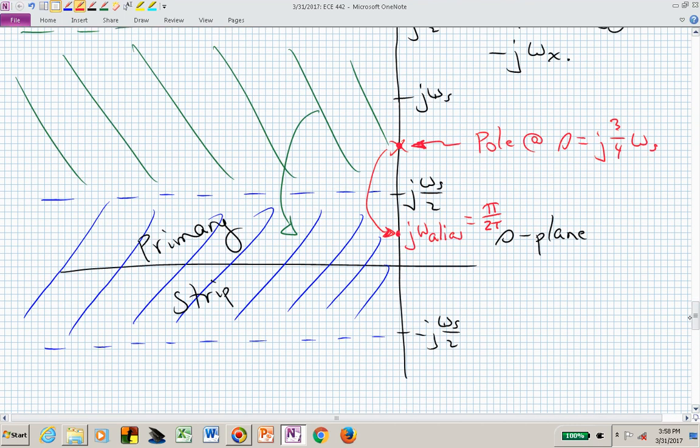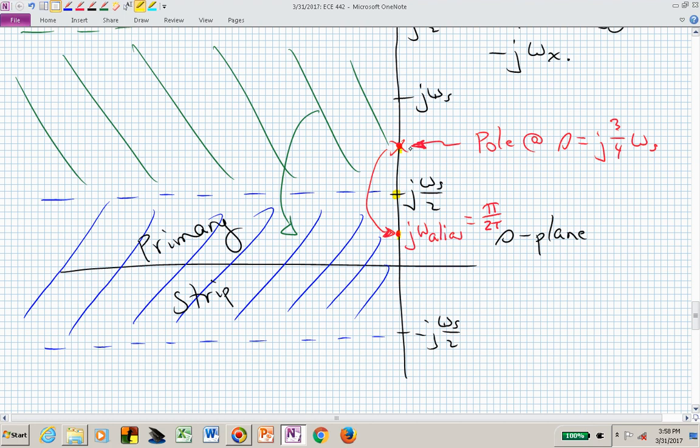And you can see that it's equally spaced between this point and that location and this point and that location, which is another reason why this particular Nyquist frequency, or omega sub s over 2, is referred to as the folding frequency.